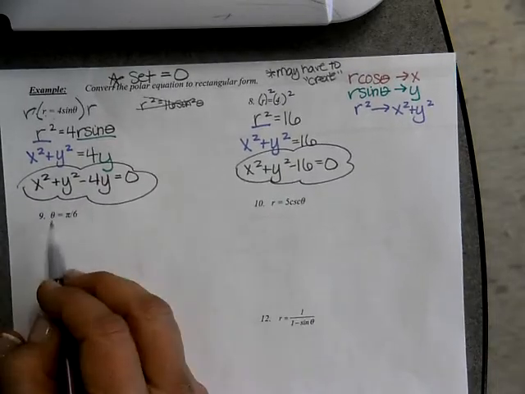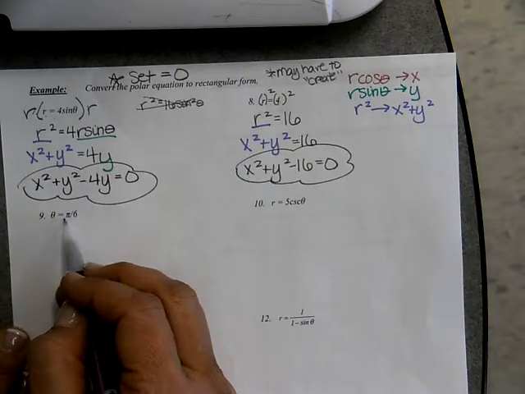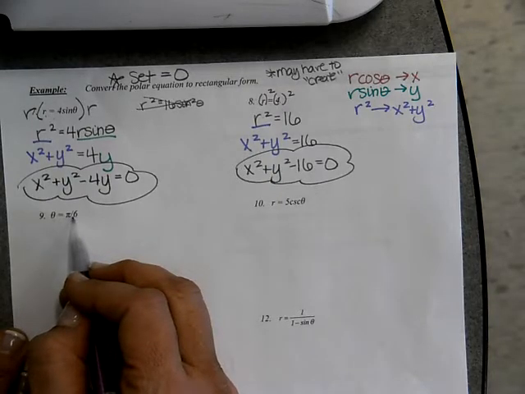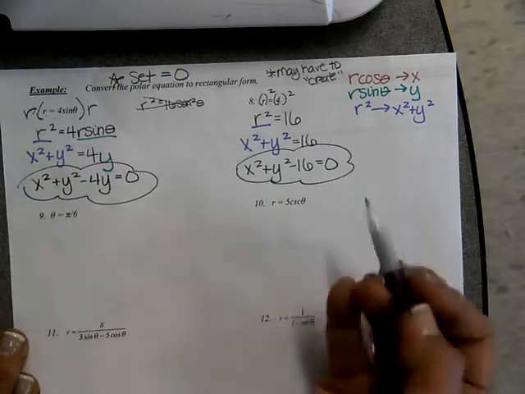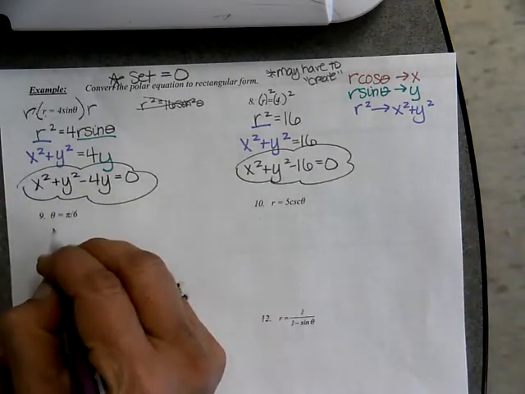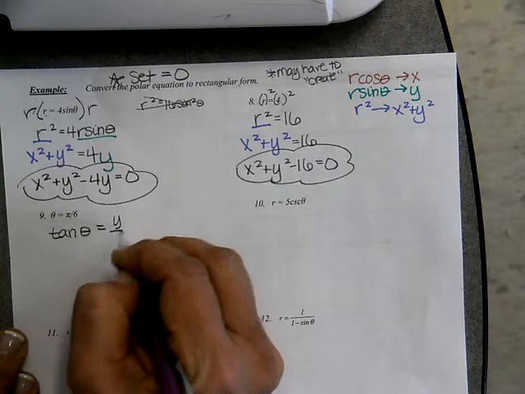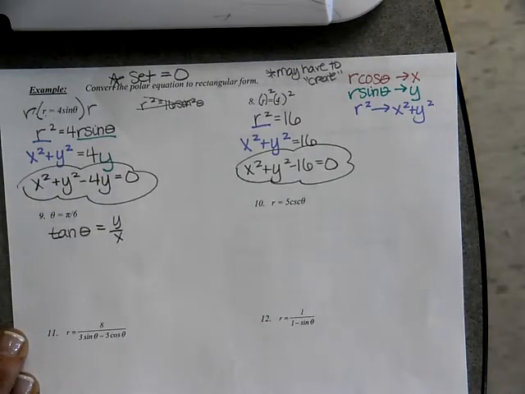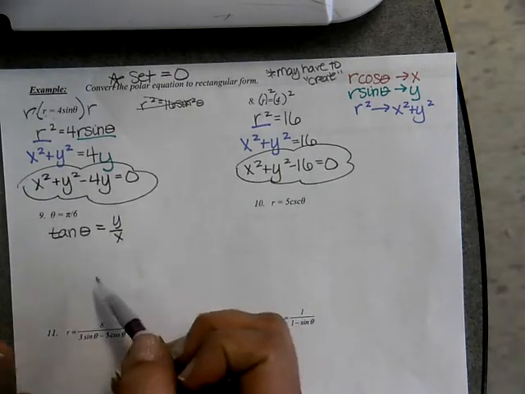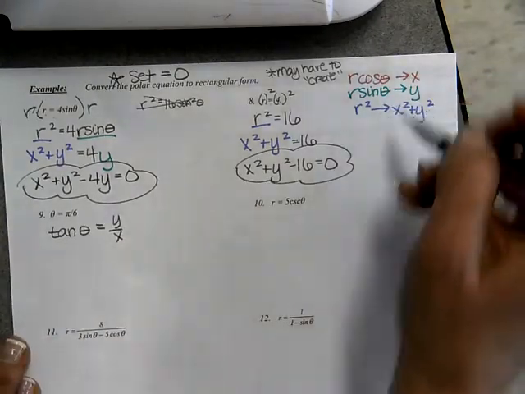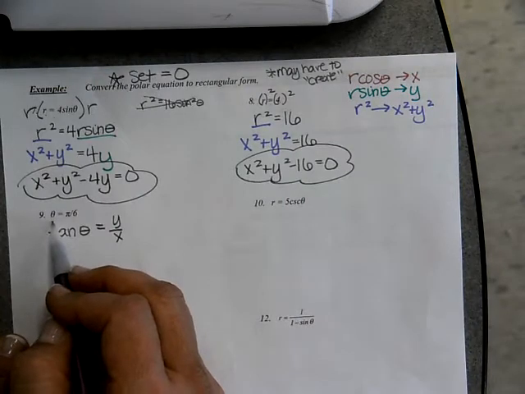What about theta equals pi over 6? Well, let's think about that a little bit. From what we talked about before, the tangent of theta is going to be y over x, right? This time we didn't have any r cosine theta, r sine theta, or r squared; we didn't have any r's, we just had a theta.